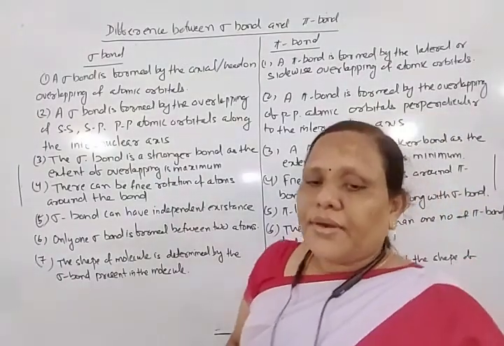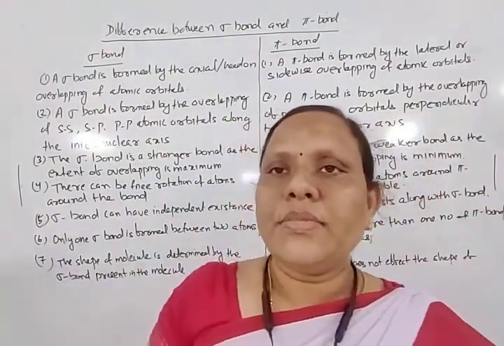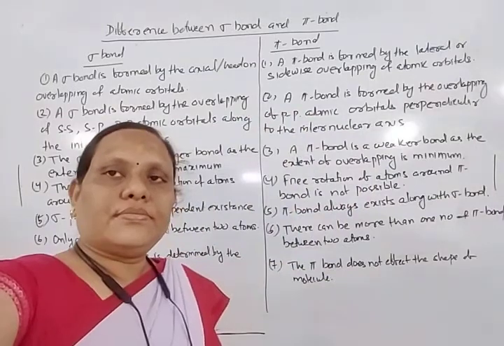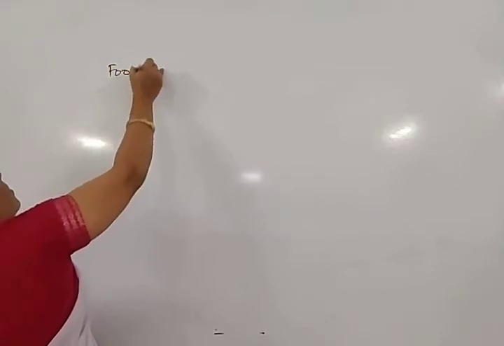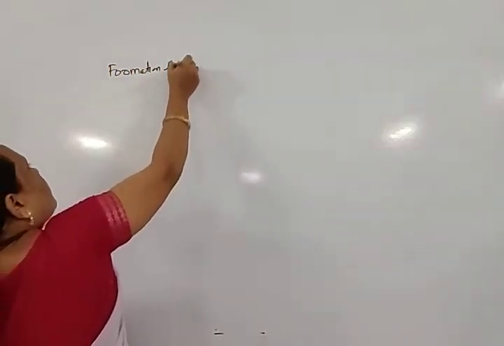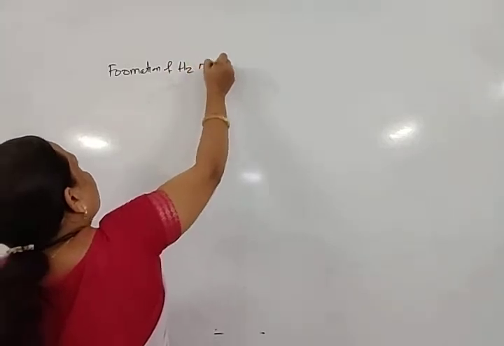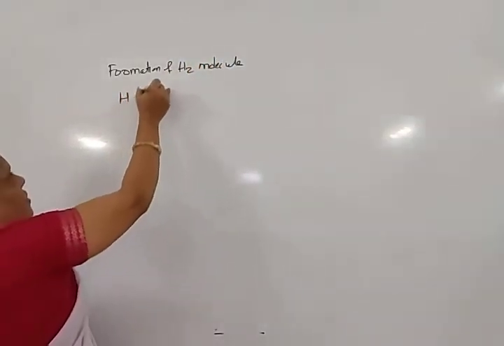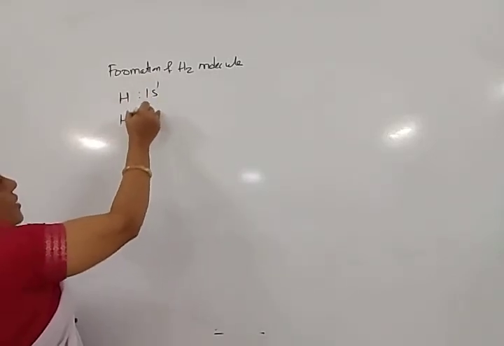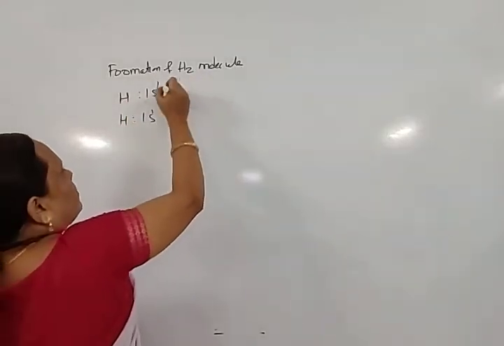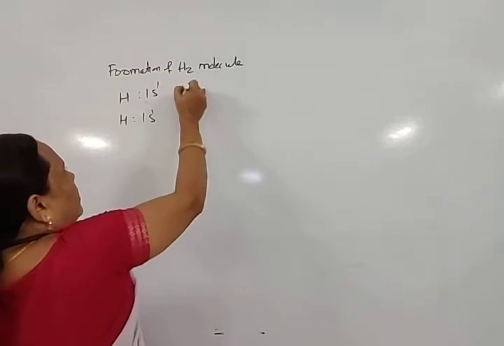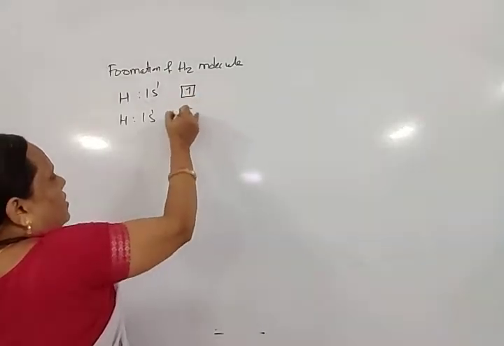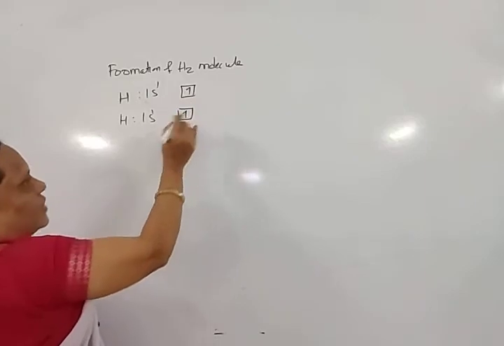Okay. So now let us discuss some examples. Look here, formation of H2 molecule. Hydrogen electronic configuration 1s1. So in box diagram it has 1, and another also has 1.